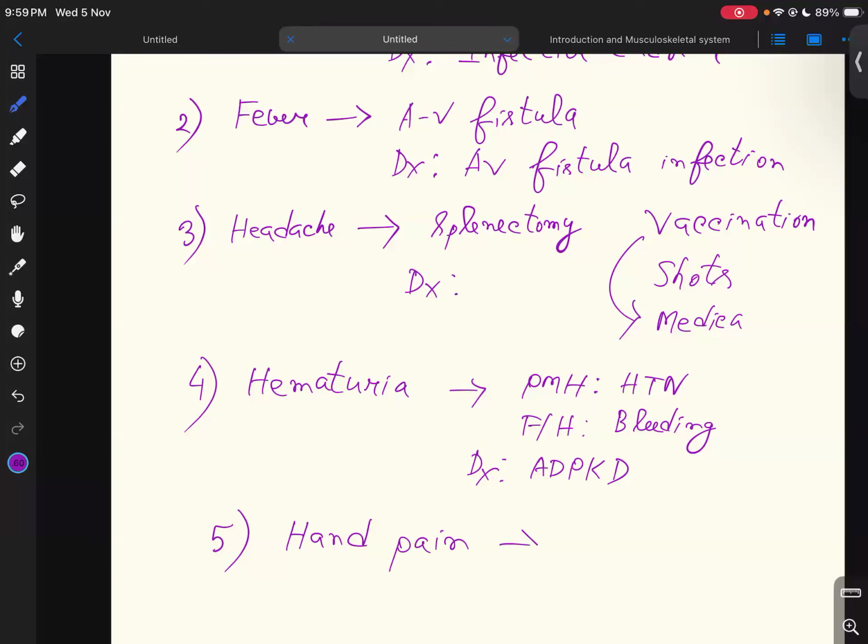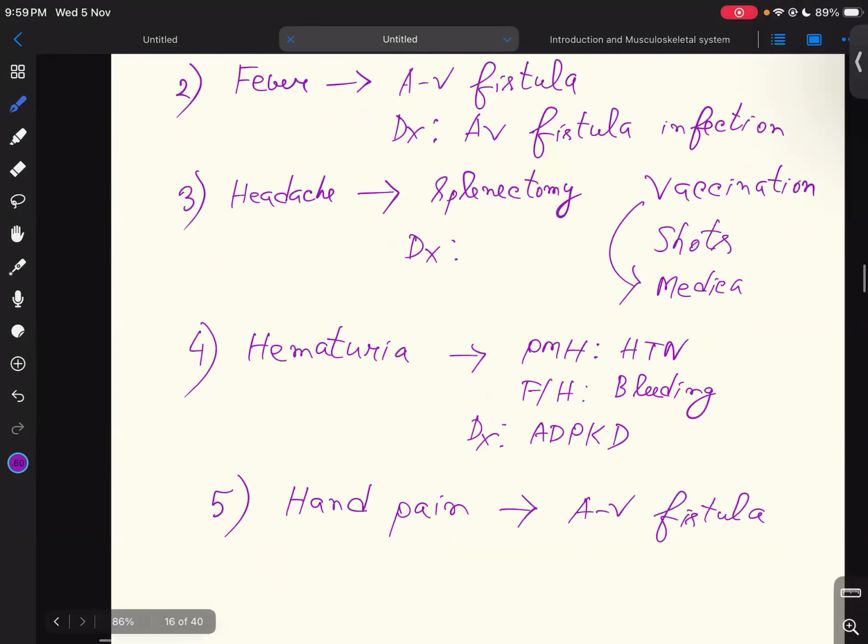In the past medical history, the patient is telling the same thing, a fistula. He is a kidney disease patient, and he has a fistula. This case is coming today with both symptoms, fever and hand pain. So what do you think? What is the cause of hand pain in this patient?